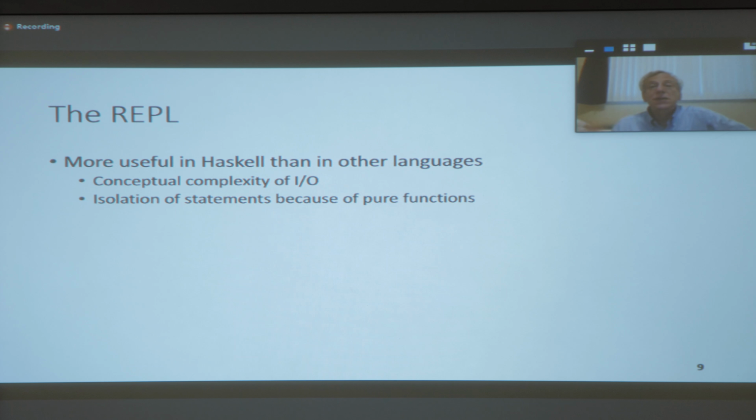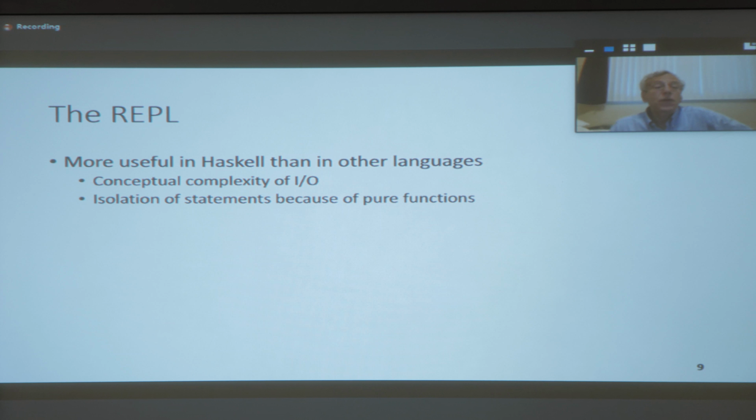In other languages, input and output is yet another function call. In Haskell, it comes with its own baggage because of side effects. So input and output in Haskell is much more difficult for a person who's being introduced to the language. I found that the REPL was really, really good in getting us around that.